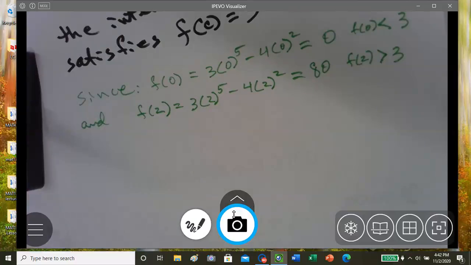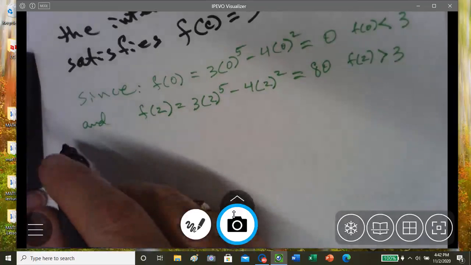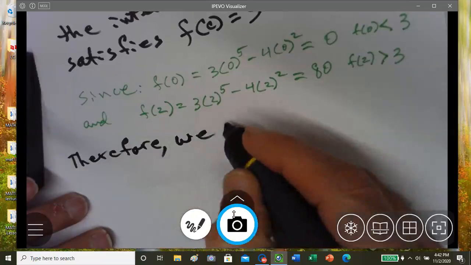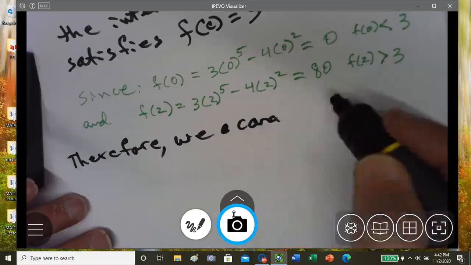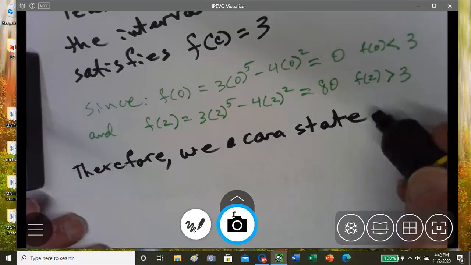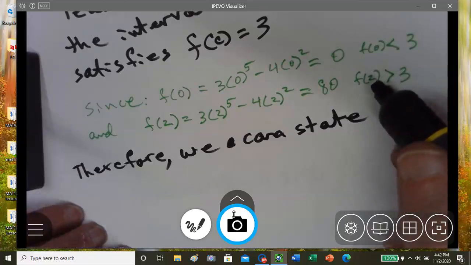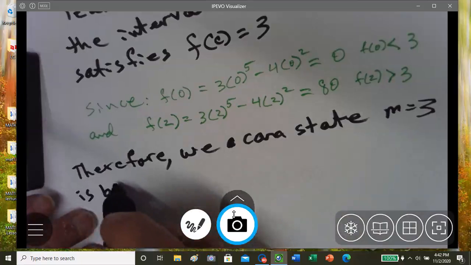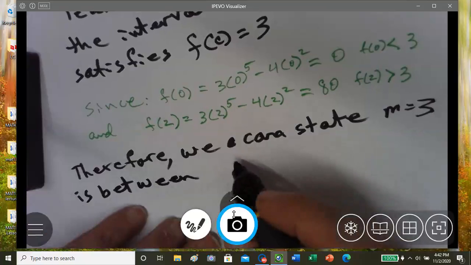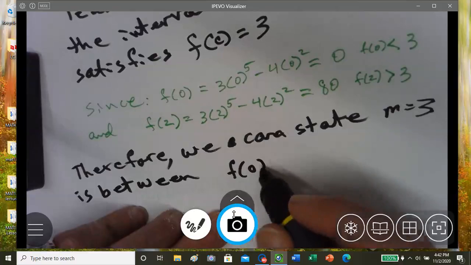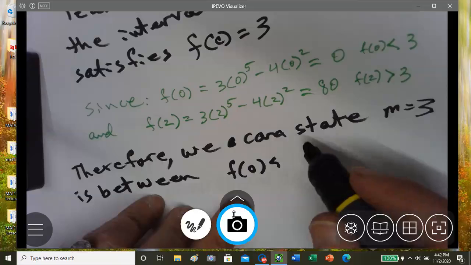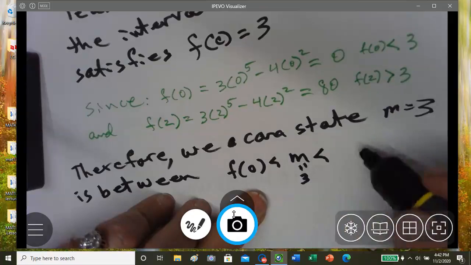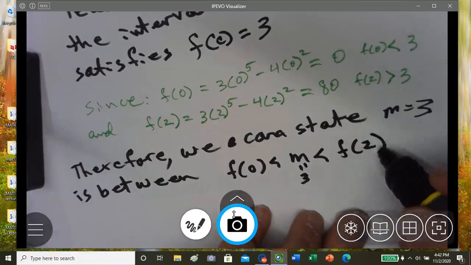So therefore we can state, m equals 3 is between f(0), which is less than 3, or m, which is 3, and that's less than f(2).